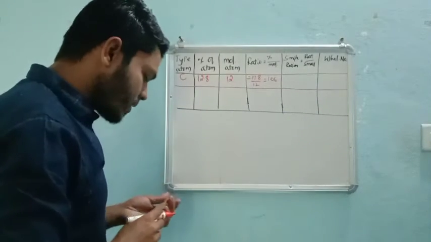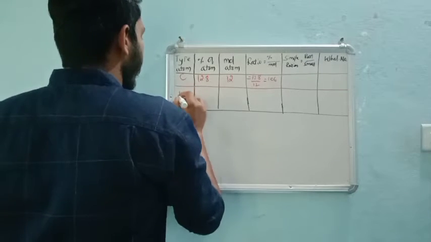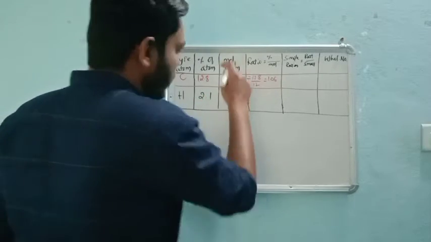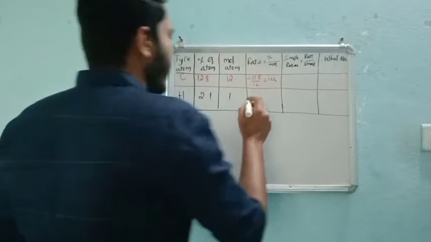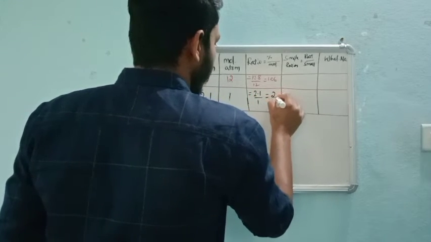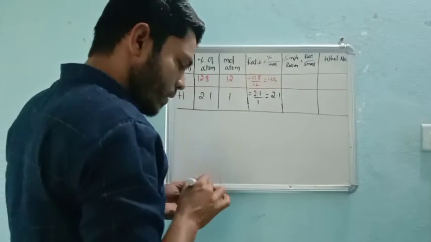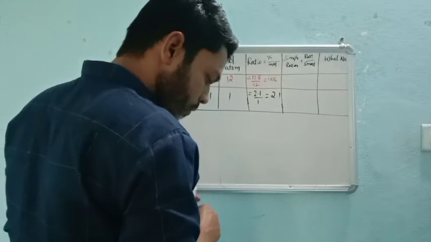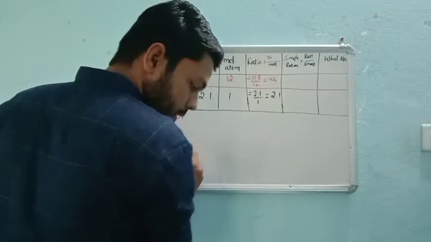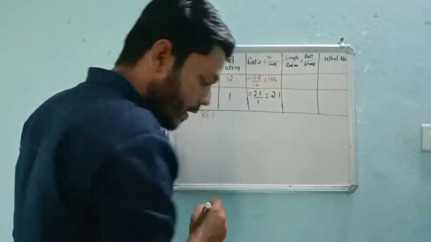Now coming to the next element, hydrogen. The hydrogen percent is 2.1, whose atomic mass is only 1, so 2.1 divided by 1 is 2.1. Let it be for the simple ratio. Then one more element is bromine. The bromine percentage is 85.1%, and its atomic mass is 80.